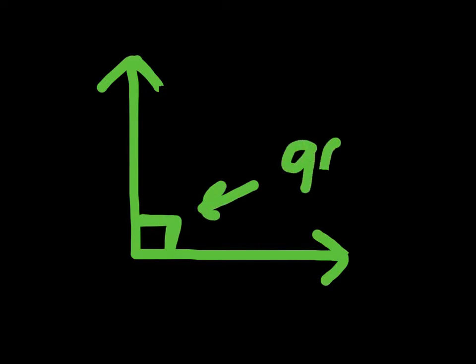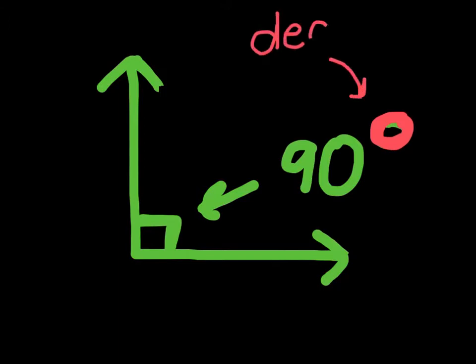A right angle looks sort of like this. Most of the time it has that little square telling us that is 90 degrees. And we can write the degree symbol as a little circle like this. That means degree. So, just as a heads up, degree symbol.